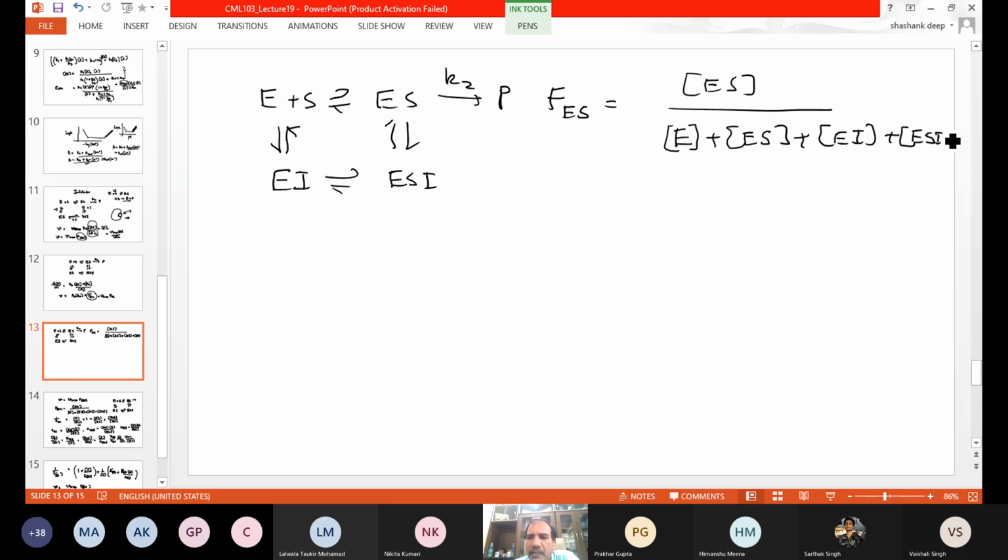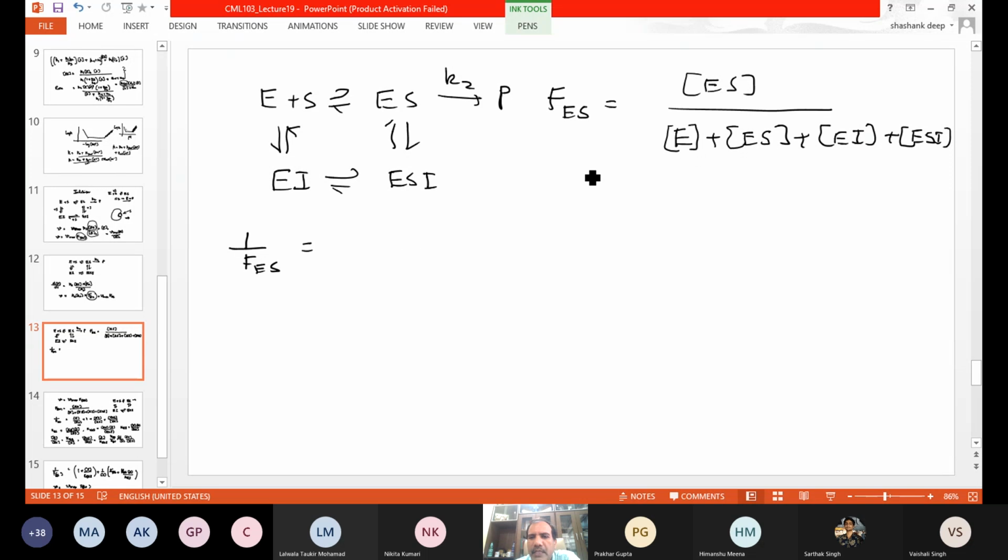So this is total E naught. E naught is either in free form E, or complexed with S, complexed with I, or complexed with S and I both. So E, EI, ESI, and ES. So I will calculate 1 by FES.